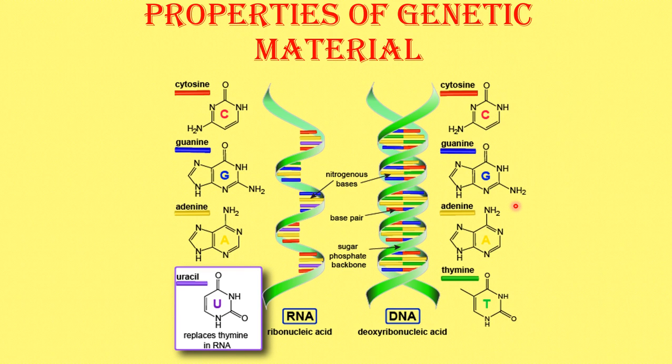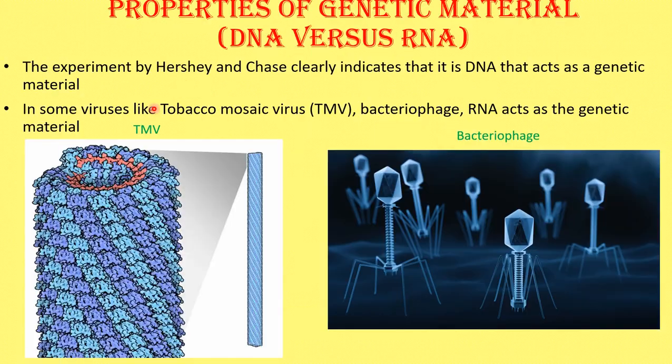The first property is, already we have discussed both RNA and DNA act as genetic material, isn't it? The properties of genetic material, DNA versus RNA. What is this? Tobacco mosaic virus. What is this?